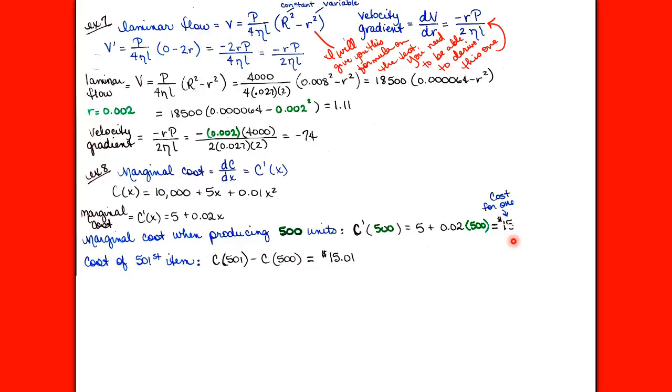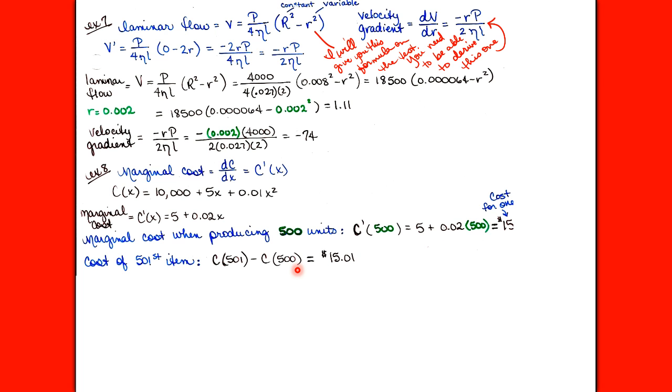The next thing that they ask me to do is find the actual cost of the 501st item. Now, if I wanted to find the actual cost of the 501st item, I could find the cost of making 501 of them and subtract off the cost of making 500 of them, and that would just leave me with the cost of that one item, right?